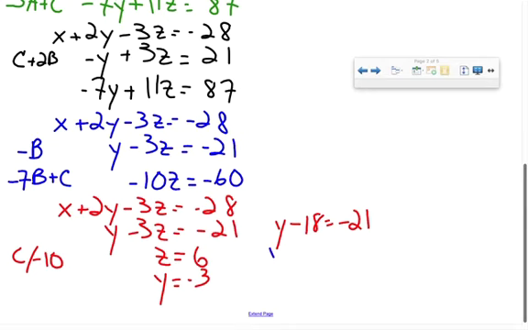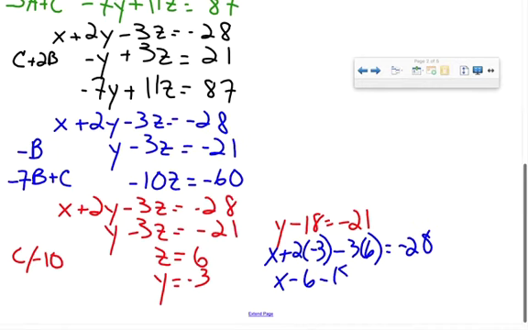And finally, x plus 2 times -3 minus 3 times 6 is going to equal negative 28. Okay, well, x minus 6 minus 18 equals negative 28.